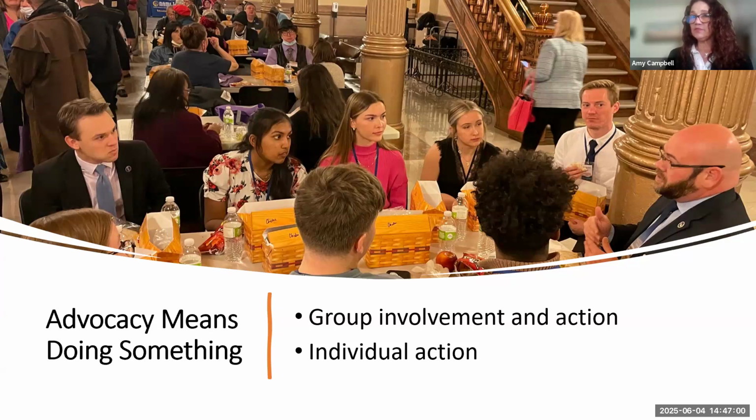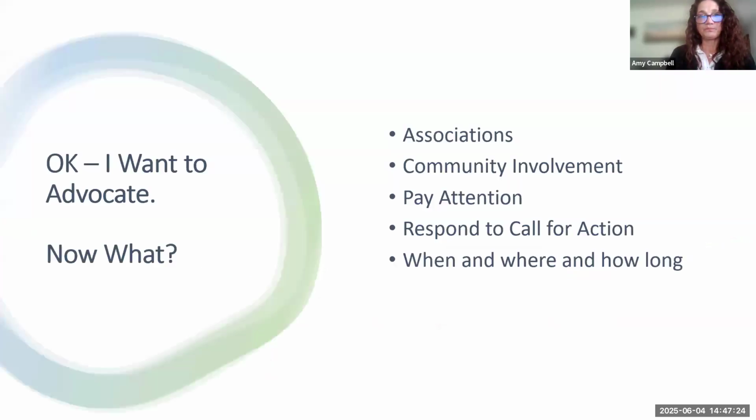It could be something that I'm doing through the Kansas Mental Health Coalition, or maybe I'm participating with the Alliance for a Healthy Kansas and Big Tent Coalition and the Kansas Mental Health Coalition, all together in advocating for improvement for Medicaid expansion or for something like that.